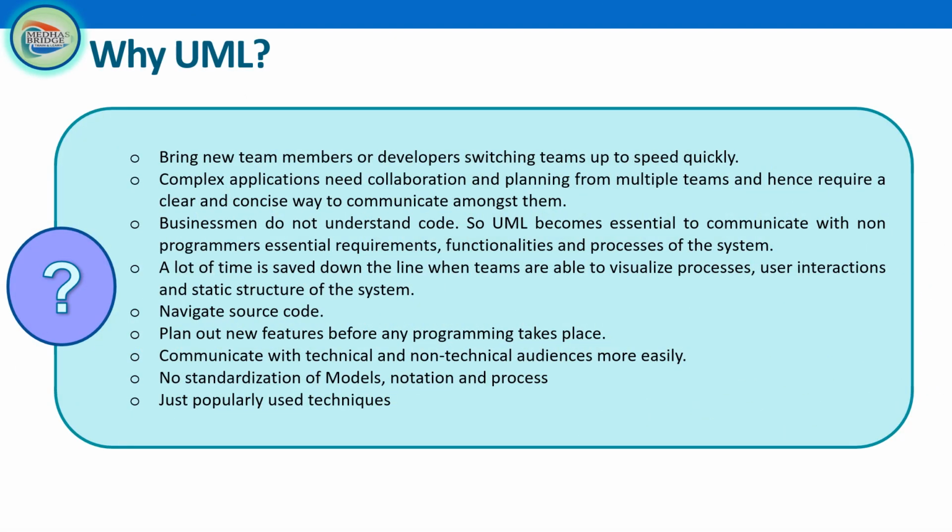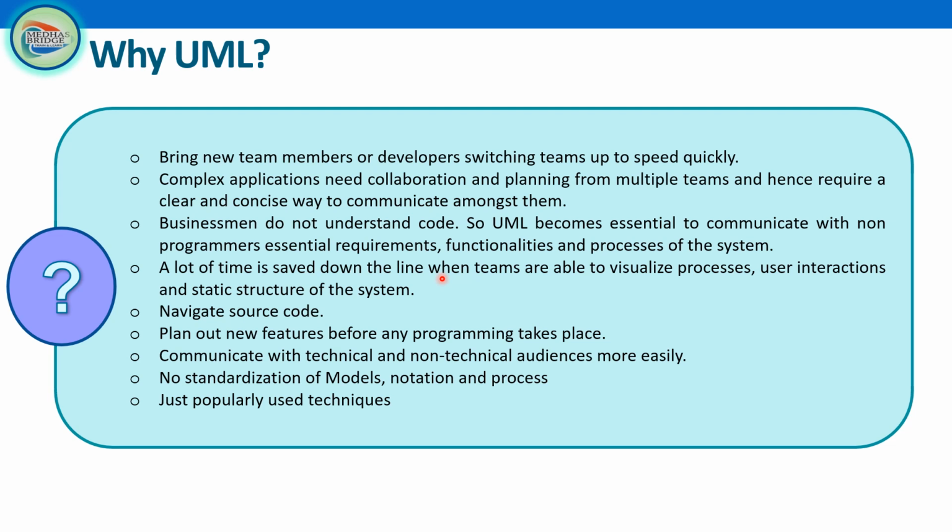Let me re-articulate why we need UML modeling. Bringing new team members or developers, or those switching teams, up to speed quickly. Complex applications need collaboration and planning from multiple teams and hence require a clear and concise way to communicate among them. Businessmen do not understand code, so UML becomes an essential communication tool for communicating with non-programmers.